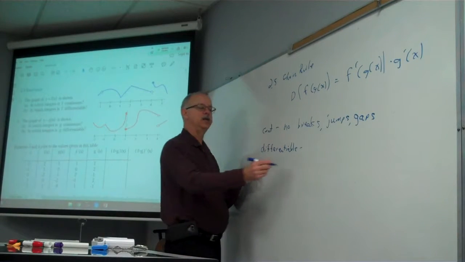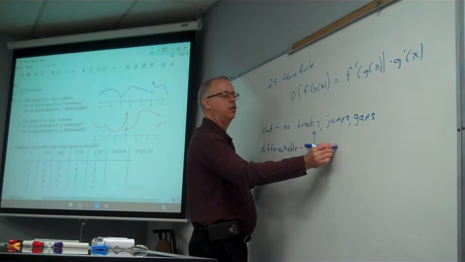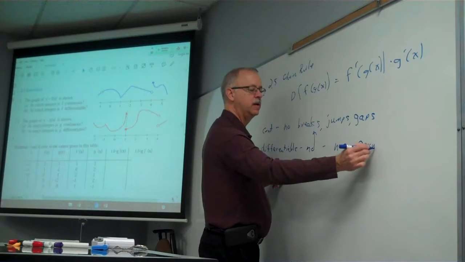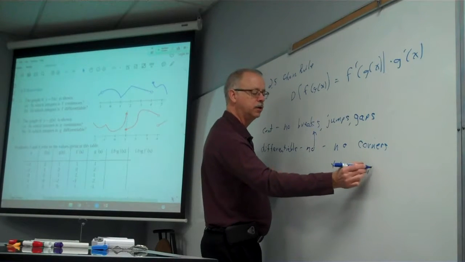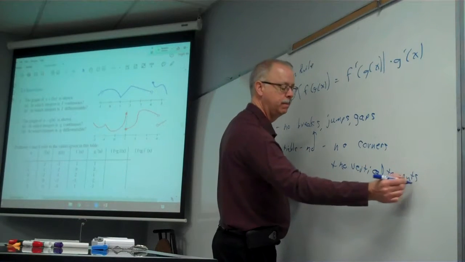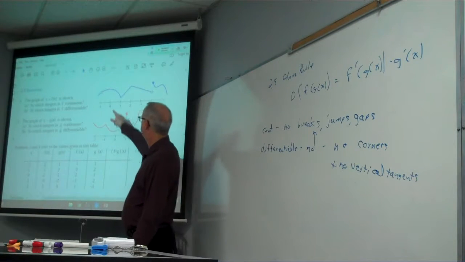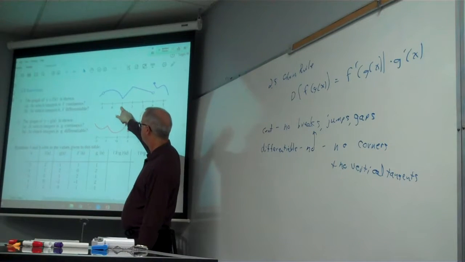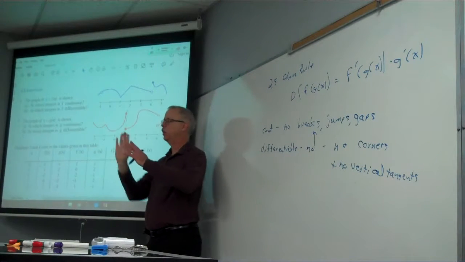And so the things we've got to watch here, in addition to none of these, we need to make sure there are no corners and no vertical tangents. So here we've got a corner at 1. We're heading in one direction and then abruptly change to a different direction.